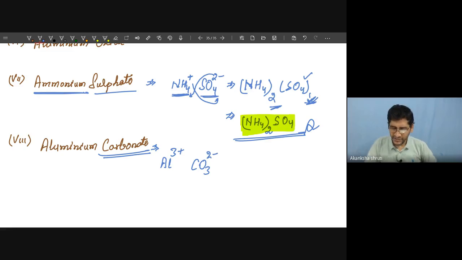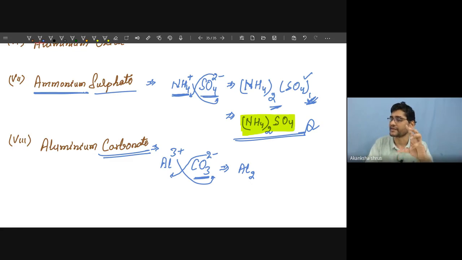Now we need to bring this 2 for aluminium and this 3 for carbonate. But for bringing the 3, I always need to keep CO3 as 1 unit, so we need to put it into a bracket. Al represents only one element, so its bracket can be left and I can write the 2 as it is.